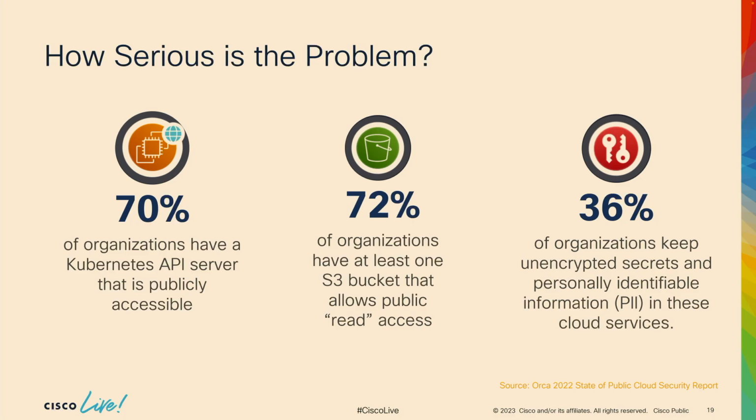Or S3 buckets like Pegasus Airlines. 72% have these publicly available as well. That's leakage waiting to happen. And 36% of organizations still have embedded secrets in their resource, in their YAML files. So once people get in, they start combing through these. Now they can reuse those and get in much further and then exploit them even further.